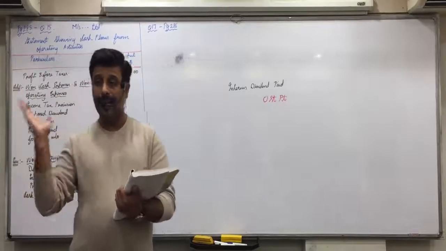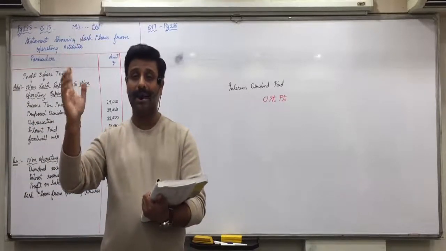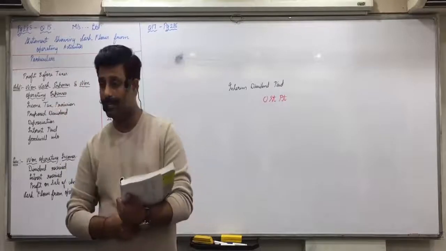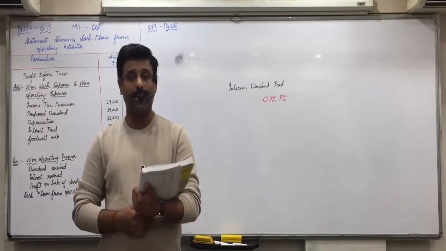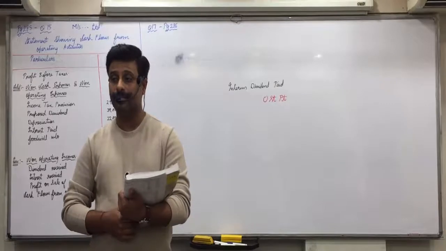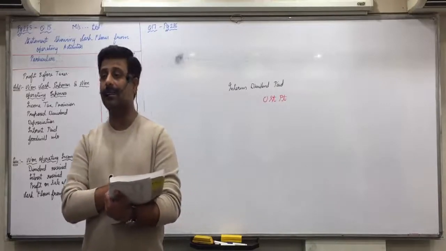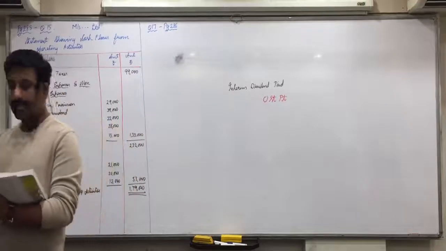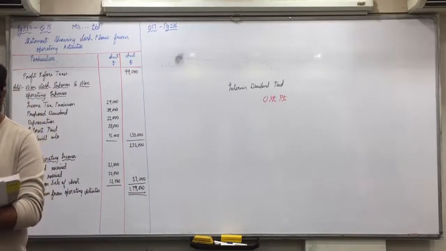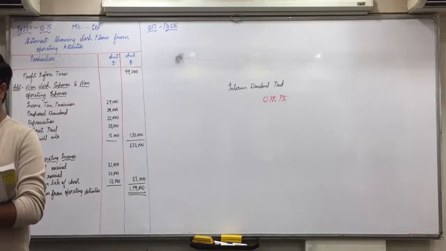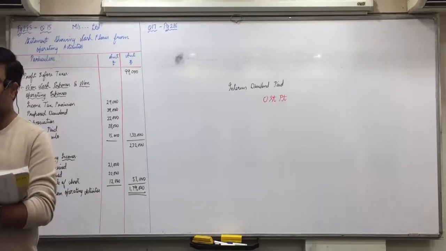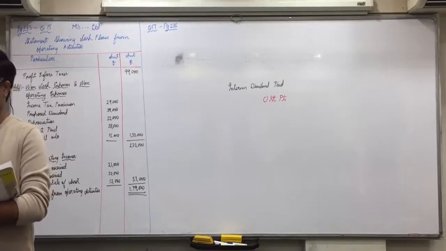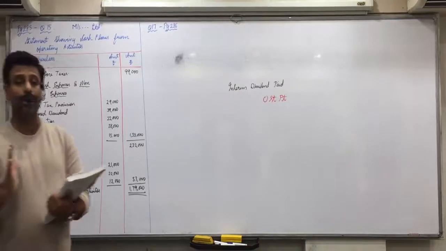It is increasing. Inverse relation. So mark it as O minus. Raise your hand who did not understand. Debtors are current assets. Current assets have inverse relation. Opening 39, closing 49, increasing. Inverse relation, so O minus. Raise your hand who did not understand this.